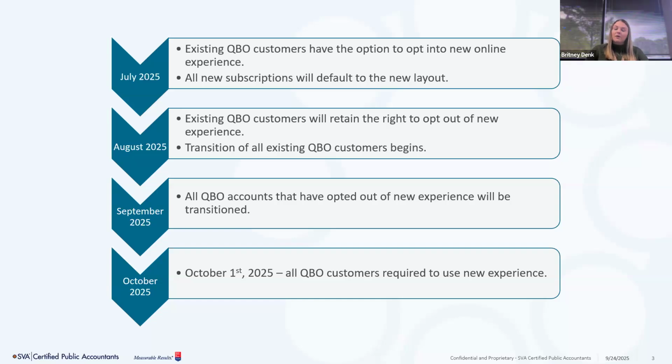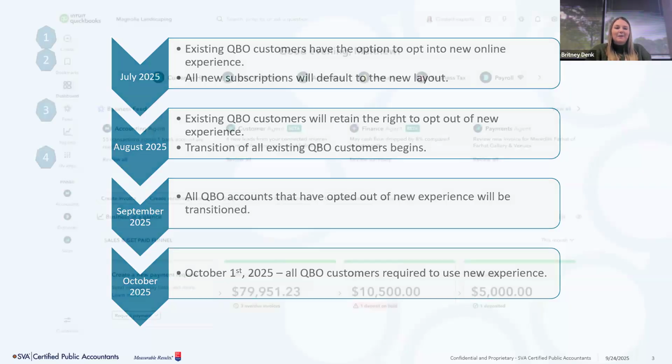And in September, which would say the 24th, all customers who opted out of that experience are being forcibly transitioned to the new experience. So by October 1st, all QuickBooks Online users will be required to use the new experience. There is no opportunity to opt out. So you'll have to familiarize yourself with what it looks like, and hopefully I can help you do that.